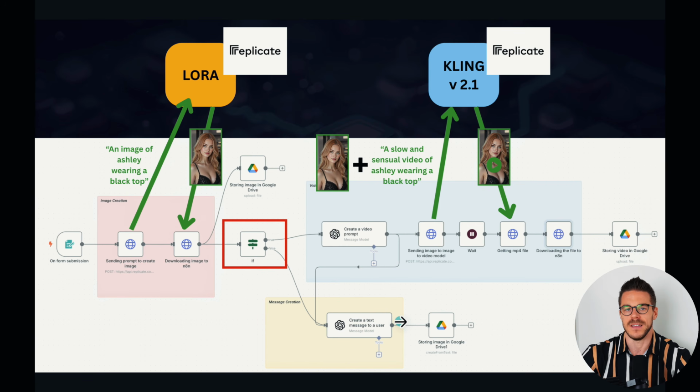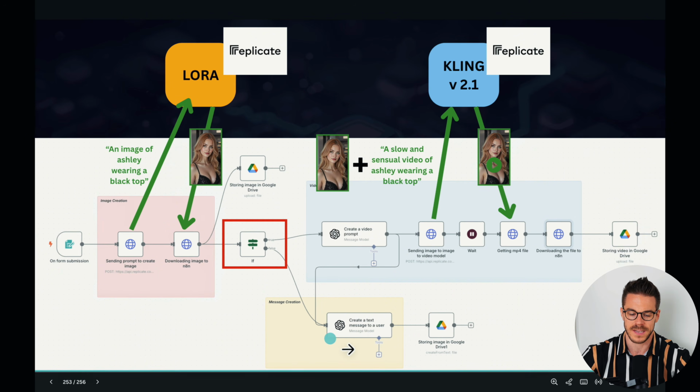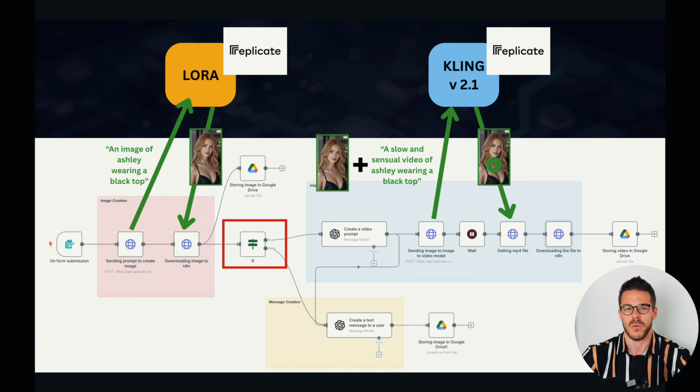And as AI influencer content is typically created for platforms like Fanvue, I instructed that element to create suitable text messages that we can send together with our image or video to subscribers on Fanvue. So this is an element that basically creates flirty messages perfectly suitable for a platform like Fanvue.